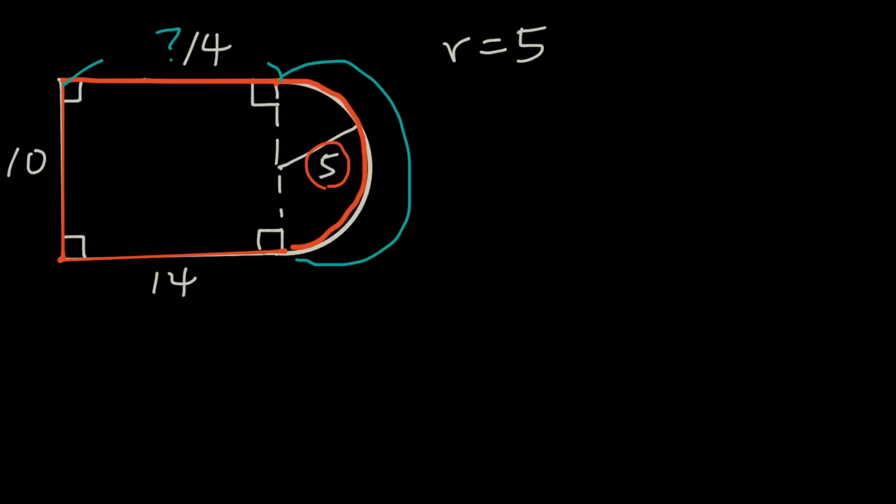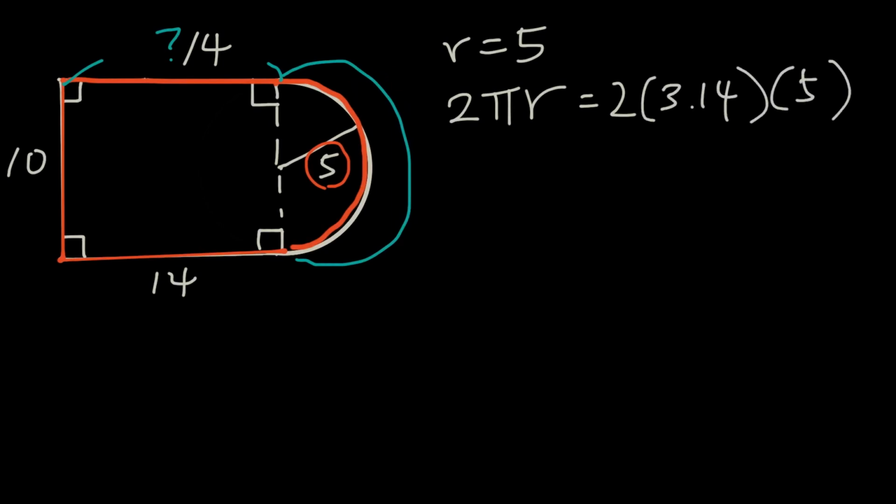So to find the circumference of this circle, we take 2 pi r, which equals 2 times 3.14 times 5. This would give us 31.4 units. But remember, this is the whole circumference of the circle.